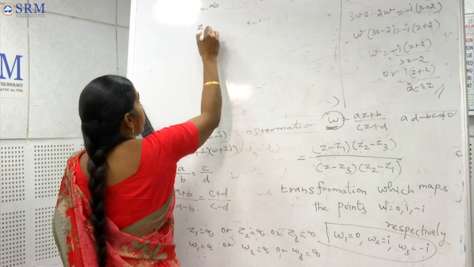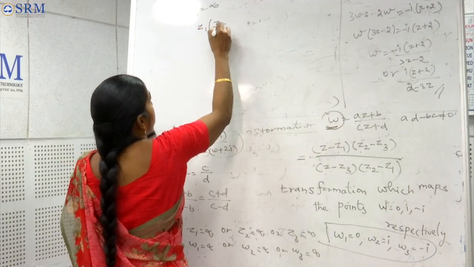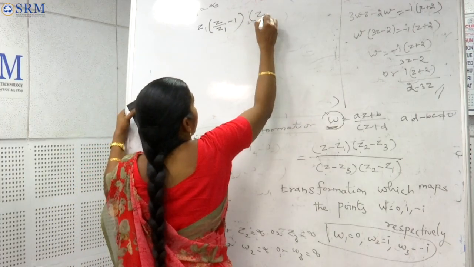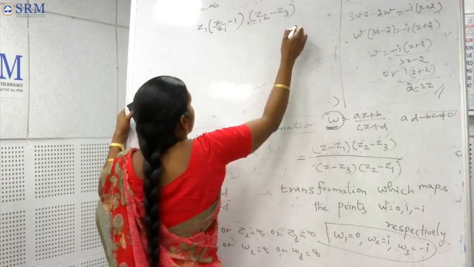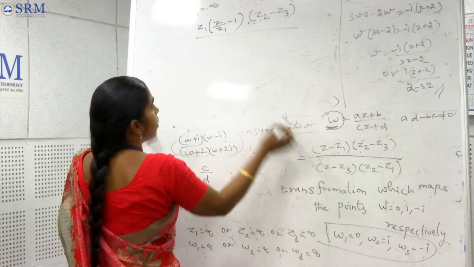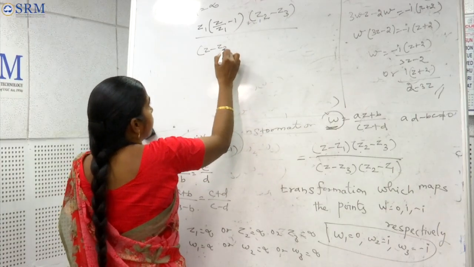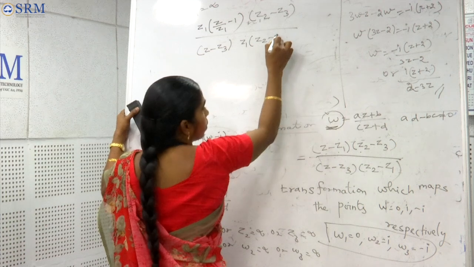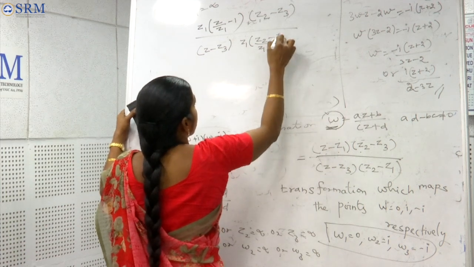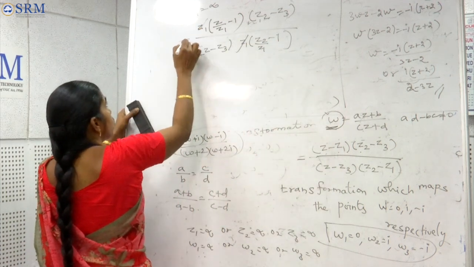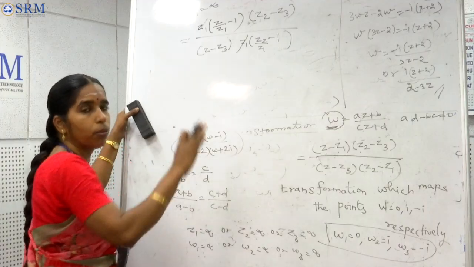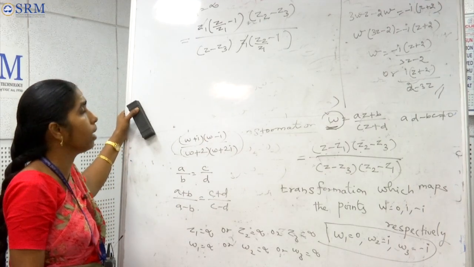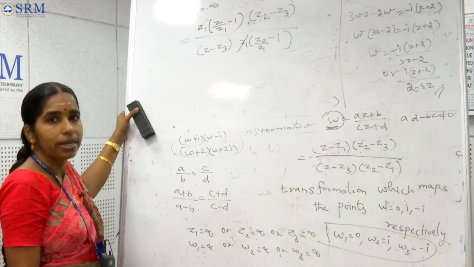Taking out Z1, Z divided by Z1 minus 1, Z2 minus Z3 divided by Z minus Z3, Z1 into Z2 minus Z1 divided by Z1. Now that Z1 is cancelled. There is no change in the left side W formula; only the right side changes.